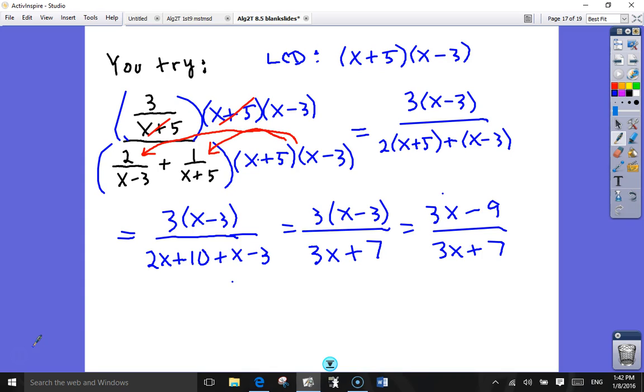You flip and multiply. So x plus 5 cancel, and 3 times x minus 3 over 3x plus 7, which is the same.